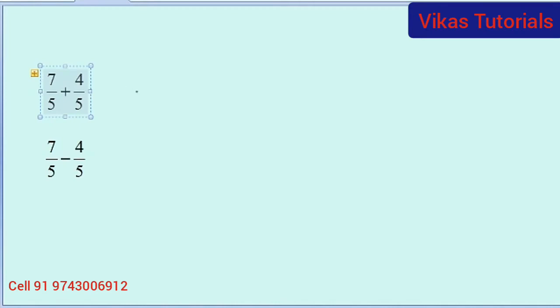Two more examples of like numbers I will do. 7 by 5 plus 4 by 5. The denominator is the same, like numbers, 5. First numerator is 7, addition sign, plus 4. 7 plus 4 is how much? 11. 11 upon 5.